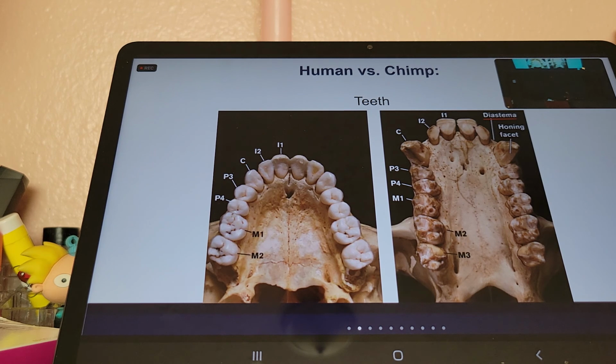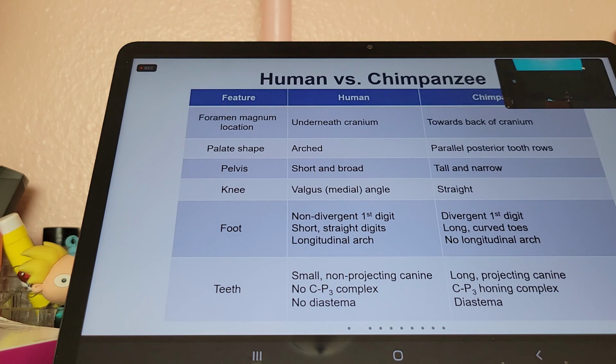And then you can also see the honing facet right here on the back side of that maxillary canine, where it hones on the mandibular premolar. So distinct differences in dentition between human and chimpanzee. So we'd expect our ancestors to fall somewhere in between.